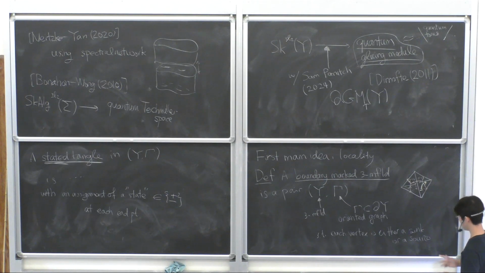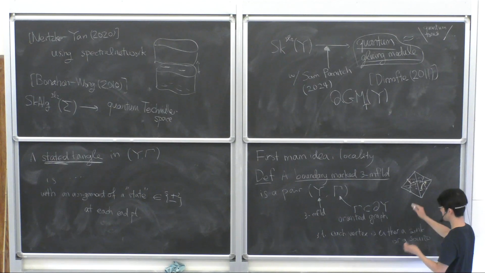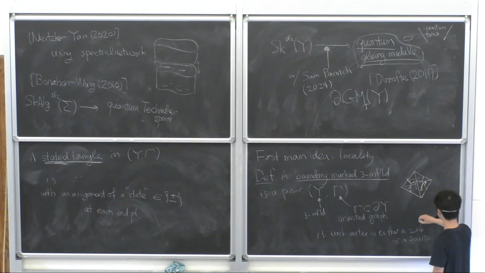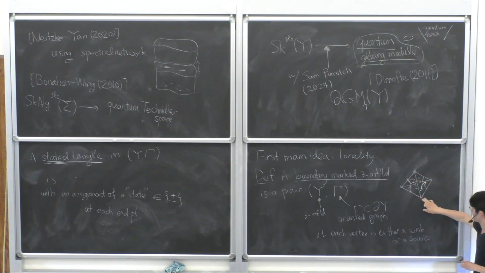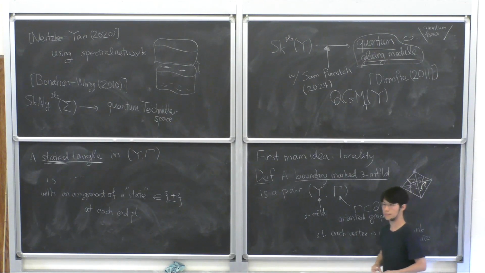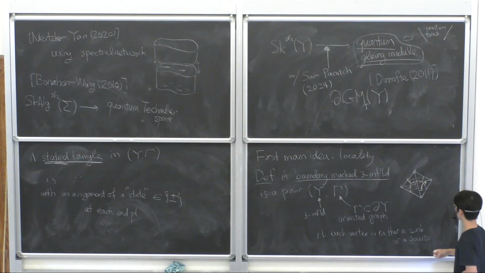In the setup of a 3D spectral network, at each puncture or at each cusp point, we need to specify a flag.